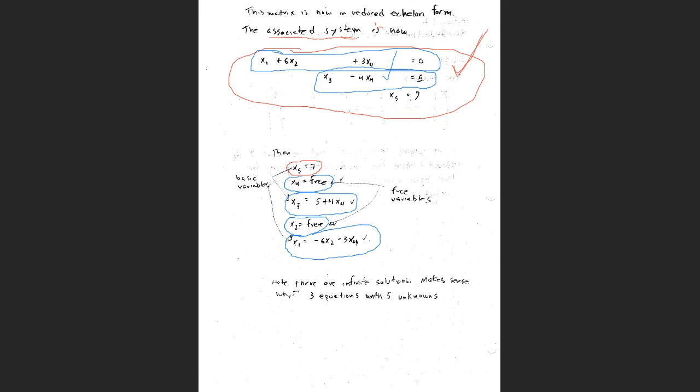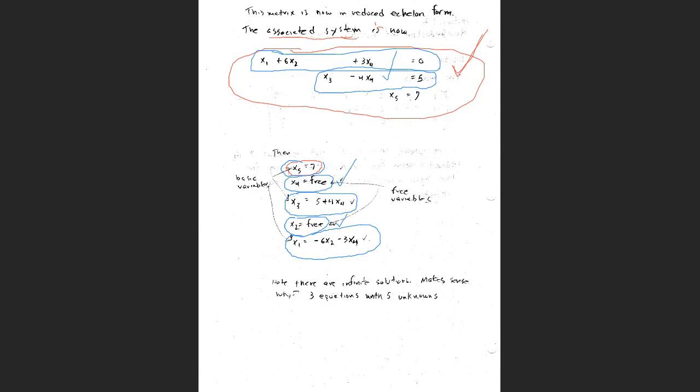So you see, you have what are called free variables, and those variables could take on any value, but then you have 3 basic variables which are x1, x3, and x5. The basic variables are written in terms of the free variables.